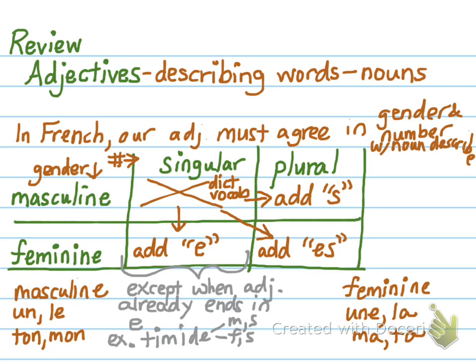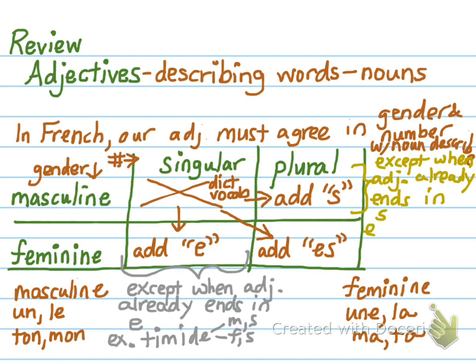Another exception is this here. We take our masculine singular adjective and we add an S to make it masculine and plural, except when our adjective already ends in an S. When the adjective already ends in an S, we don't add another S to make it masculine and plural.